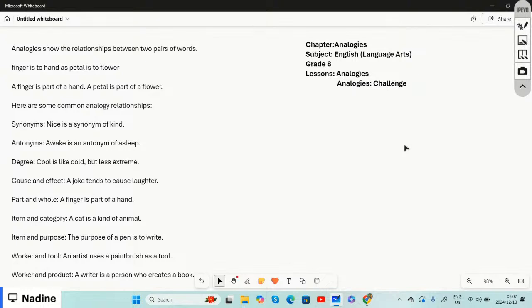All right. So analogies, right? Analogies show the relationship between two pairs of words.